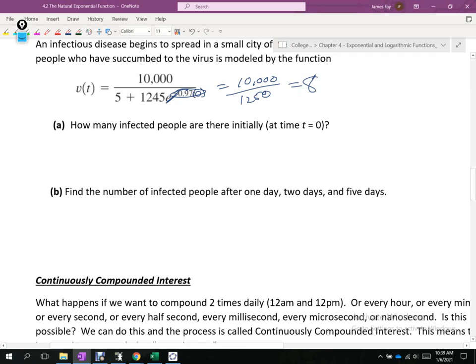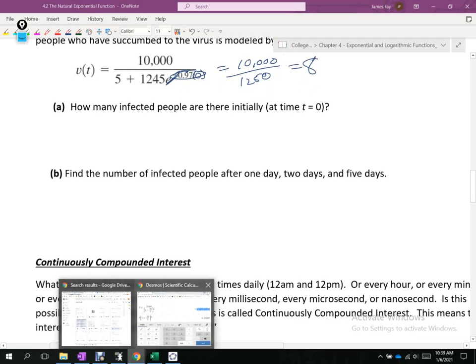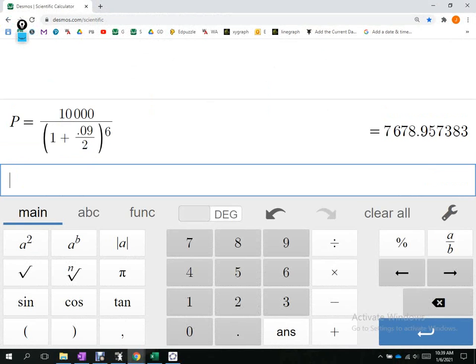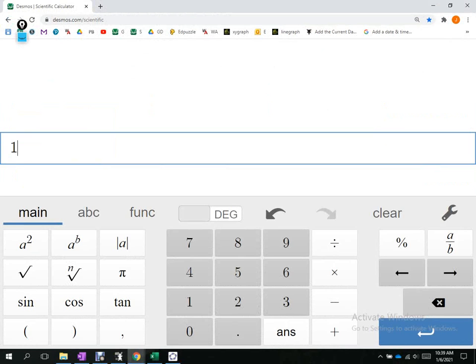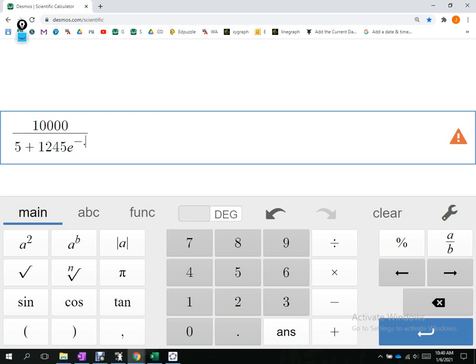So let's find the number of affected people after 1 day, 2 days, and 5 days. Again, what I would do on something like that is type in that logistic model. So 10,000 divided by 5 plus 1245 e raised to the negative 0.97 t.